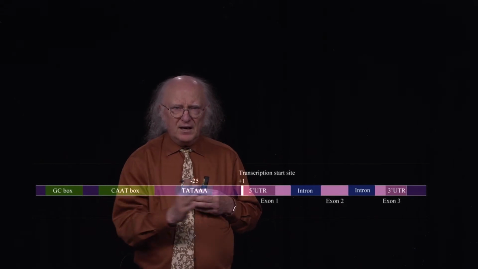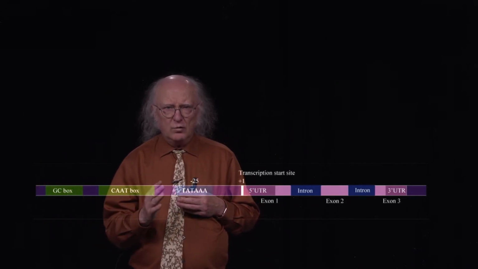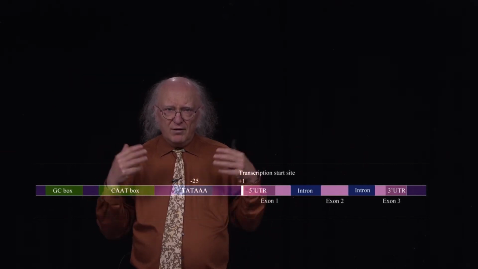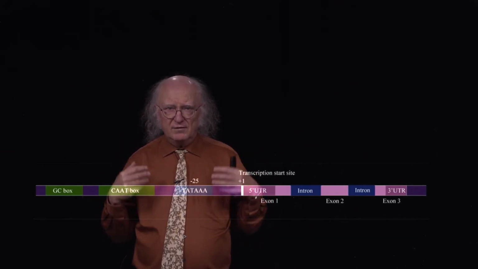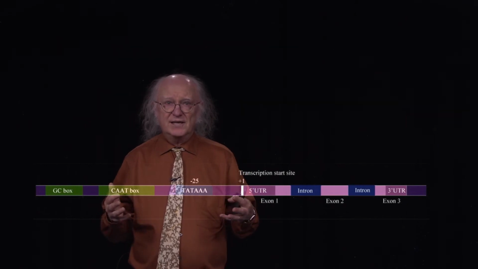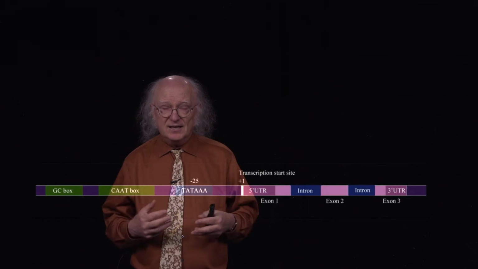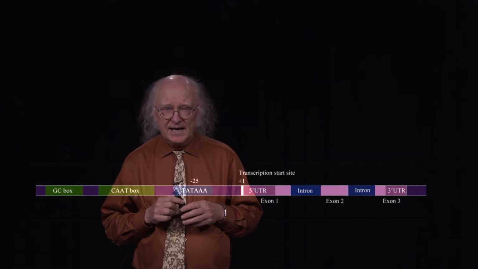So the ability of cells to have many control regions allows them to have differentiation of function and differentiation of expression of proteins, and therefore differentiation in the appearance and the activities of the cells that contain them.